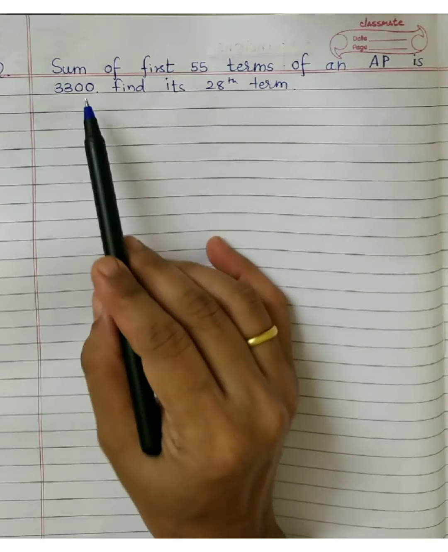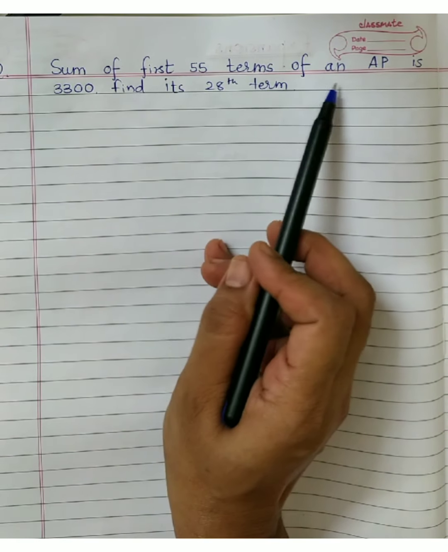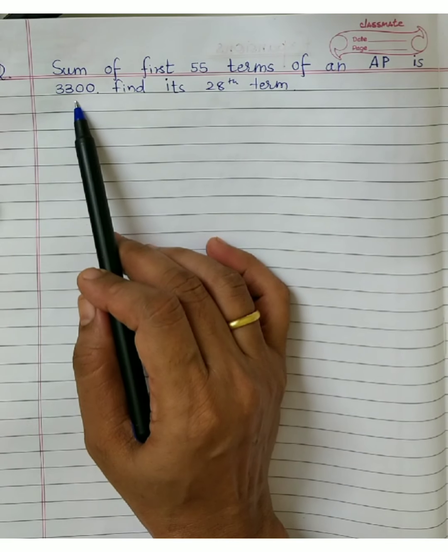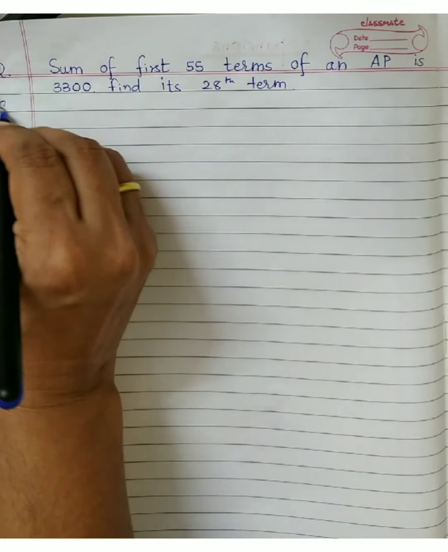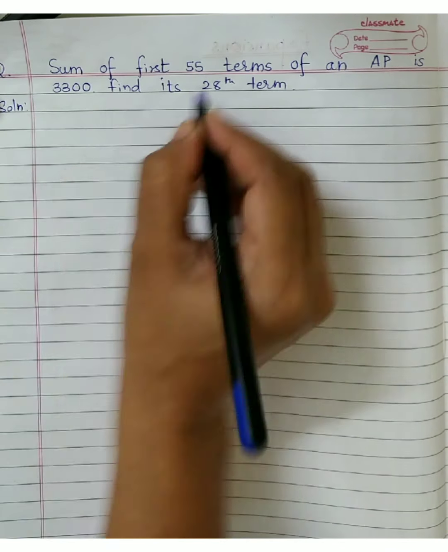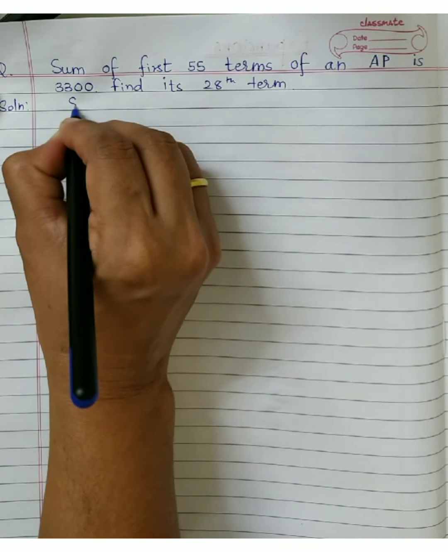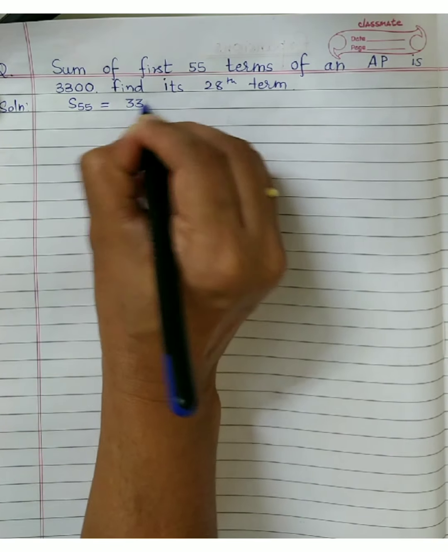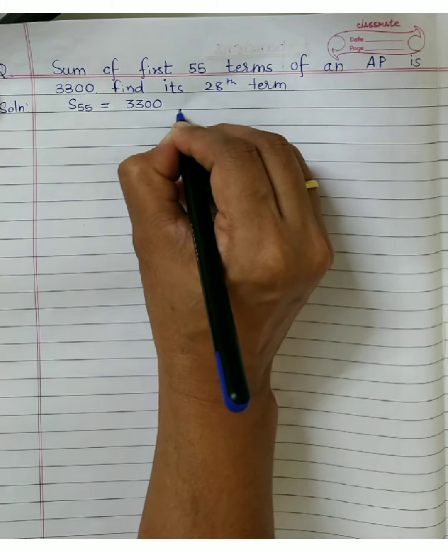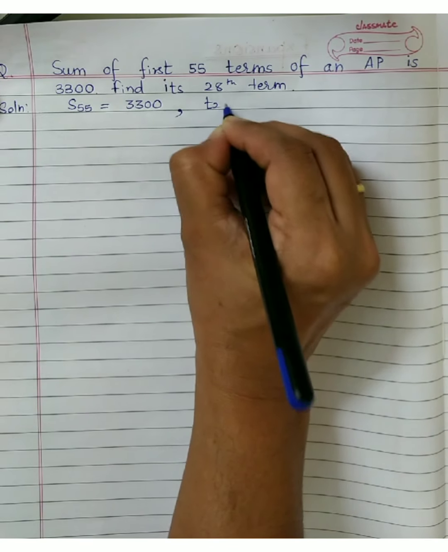See this question: the sum of the first 55 terms of an AP is 3300. Find its 20th term. As you understand the question, you will find here S55 is given as 3300, and what you have to find is the 20th term.